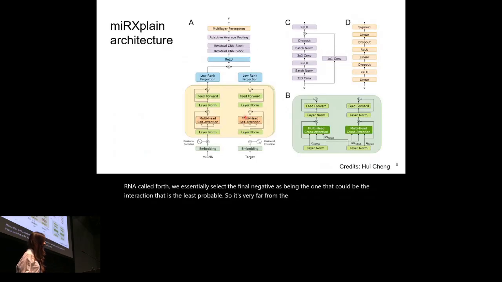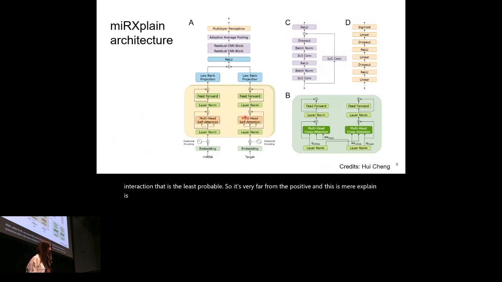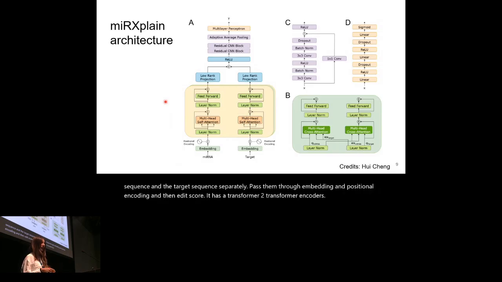And this is miRXplain. It's essentially a transformer model that takes in 2 different branches the microRNA sequence and the target sequence separately, passes them through embedding and positional encoding, and then at its core it has 2 transformer encoders with a hybrid attention mechanism.